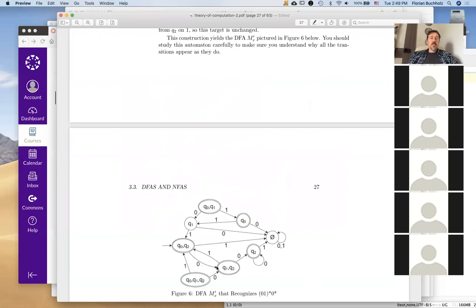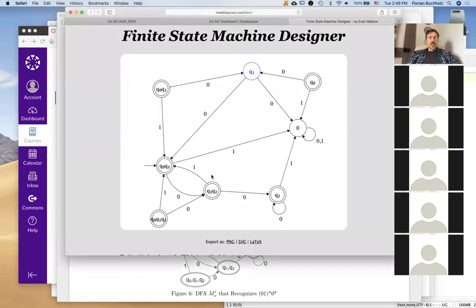So if you are here and you see a 1, then you have to go back here, but you're also allowing the transition from the 0 into the Q2. So it's kind of you're in both at the same time. Okay, I'm not sure if I completely explained that well.